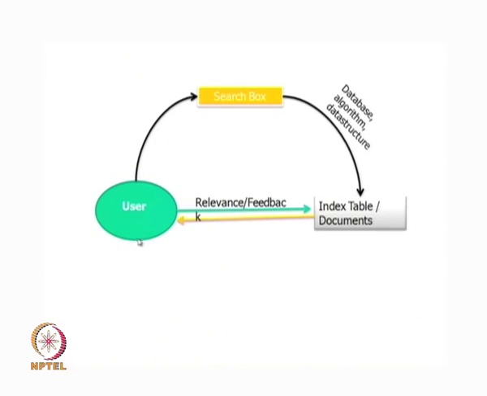Now, what happens is that the user gives his query to the search box, then database, algorithm, data structure, all these areas of computer science come into play. The index table and the documents are created. There is a relevance feedback given to the user in terms of the documents which have been retrieved, and this closes the loop. Then progressively the quality of the documents retrieved improves.